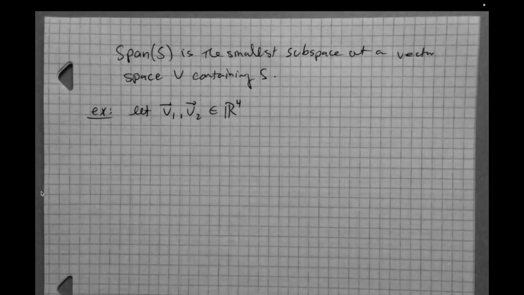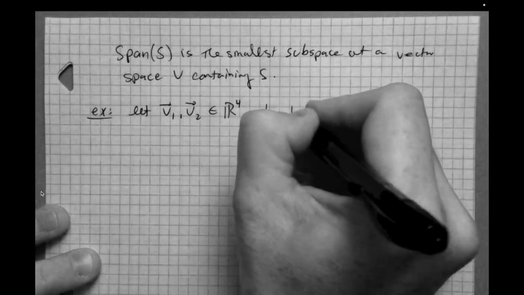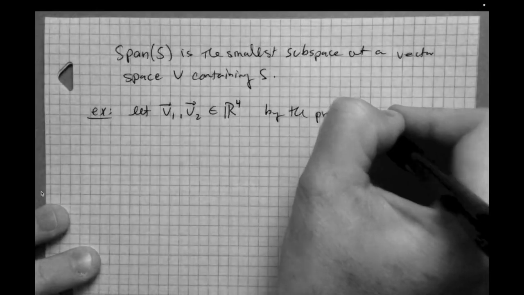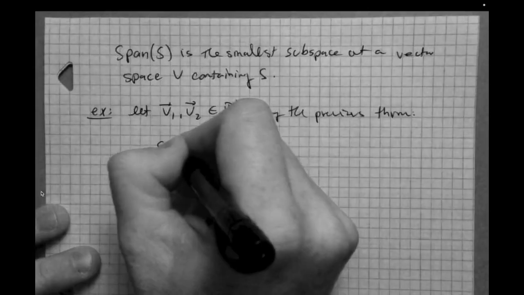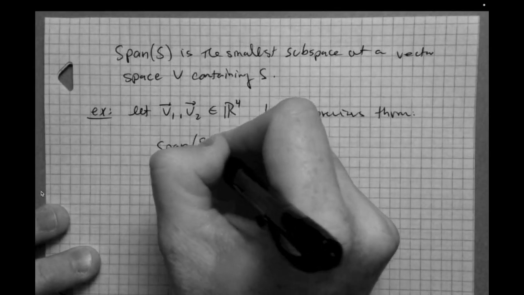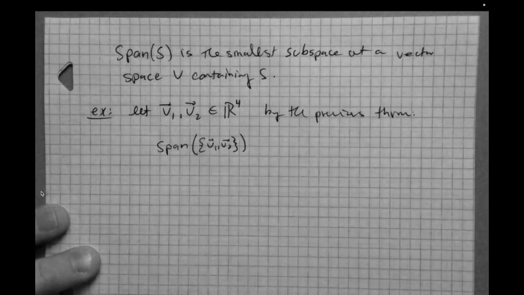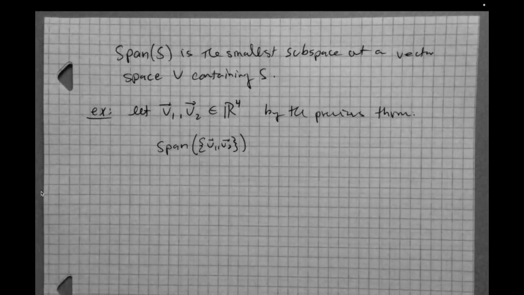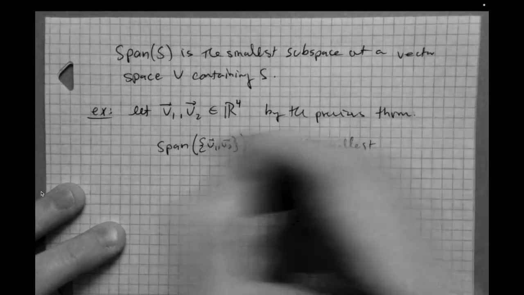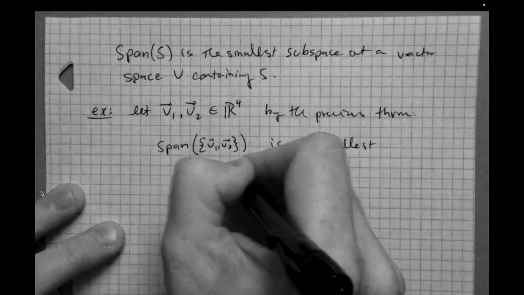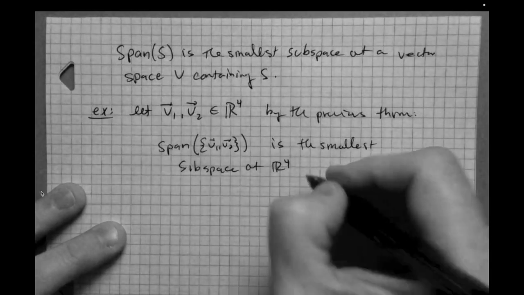Then by the previous theorem, the span of these two vectors is going to be the smallest subspace of R4 that contains these two.